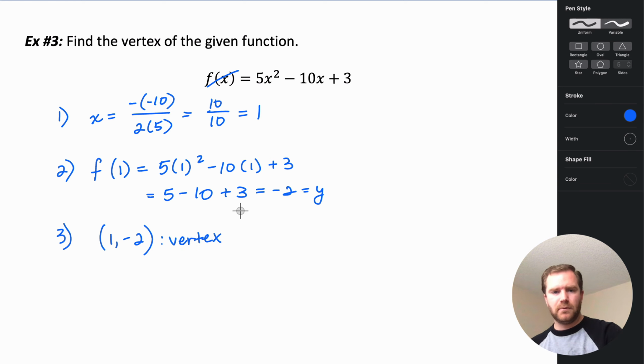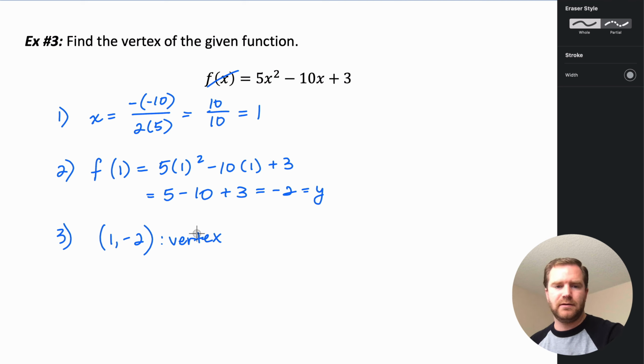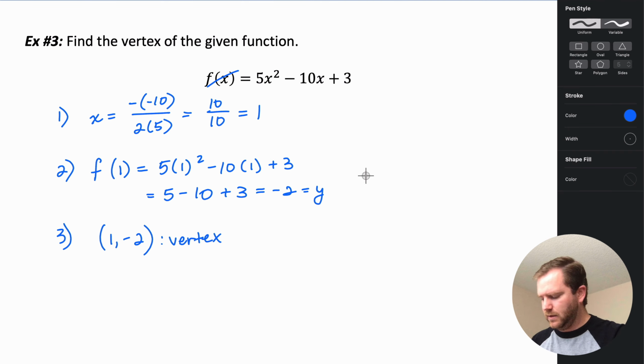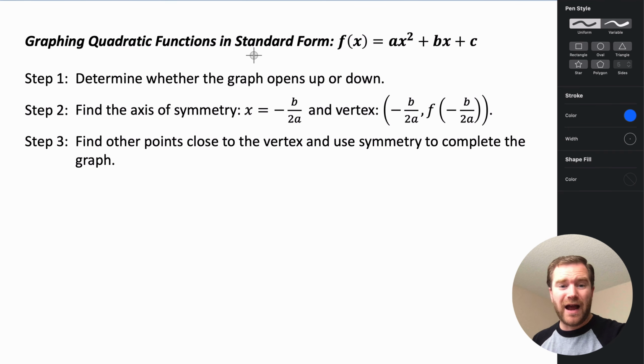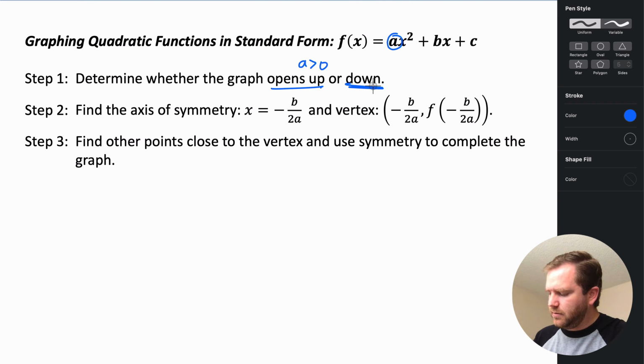Okay? So how do we use all of this to help us graph? If we're trying to graph a quadratic, there are a couple things we need to do first. The first thing is to determine whether our graph opens up or down. If you recall, our graph opens up when the a value is positive, and it opens down when a is negative, a value less than 0.